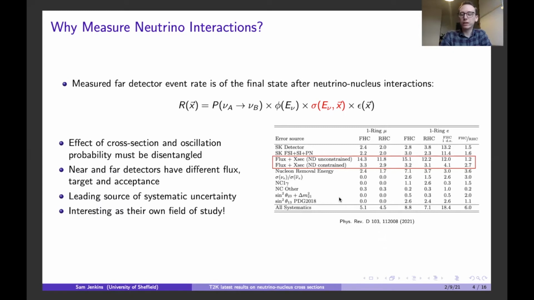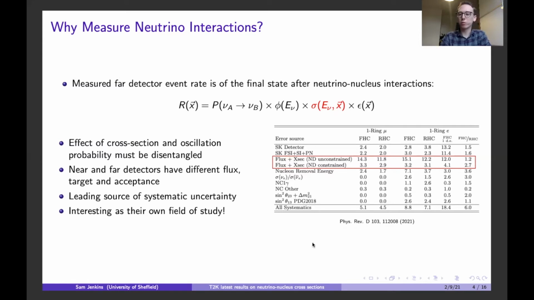The difficulty in doing this is further compounded by the fact that our near and far detectors have different fluxes, different targets, and different acceptance. The table on the right here shows different sources of systematic uncertainty for a recent oscillation paper, and you can see from this that the leading source of systematic uncertainty comes from flux and cross-section.